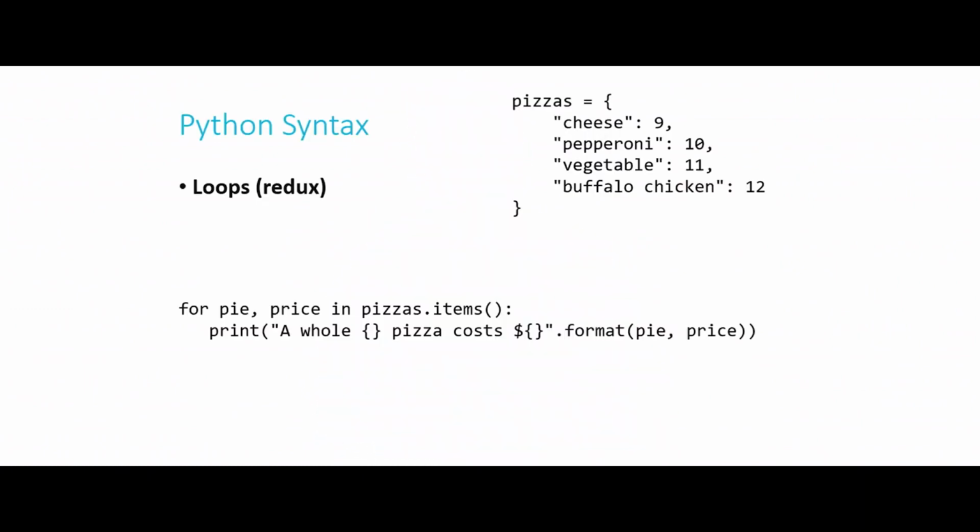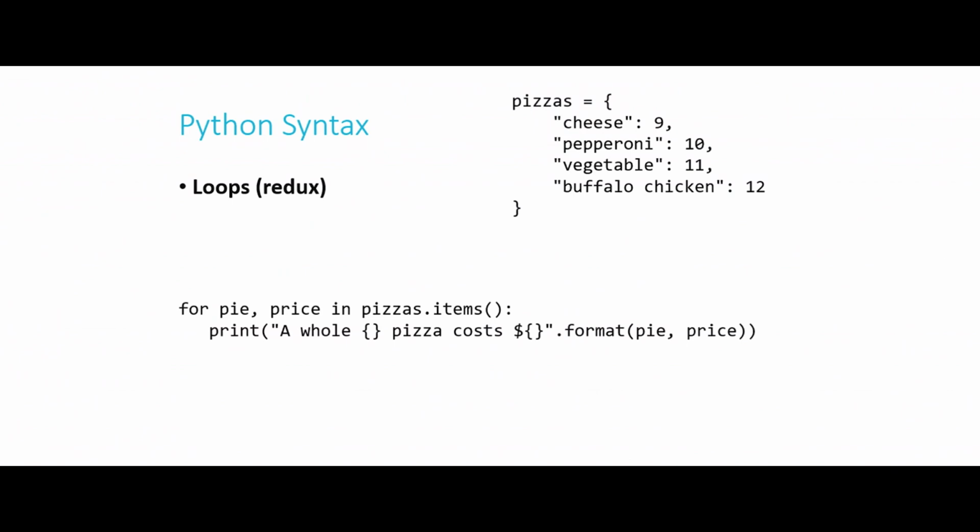Let's say I wanted to print both the key and the value. It's very similar to what I just had before. I'm still iterating over pi and price, and I'm still transforming the pizzas dictionary into a list temporarily so I can iterate over it. And I'm using my print function again here. Now I'm not specifying 0 and 1. I could specify 0 in the first one, 1 in the second one.